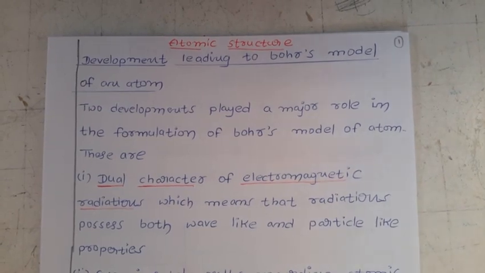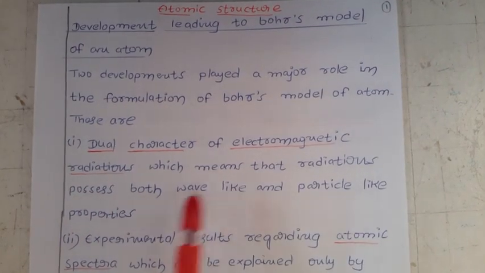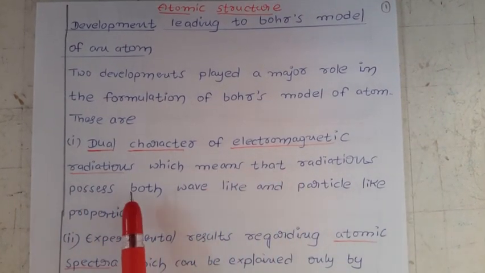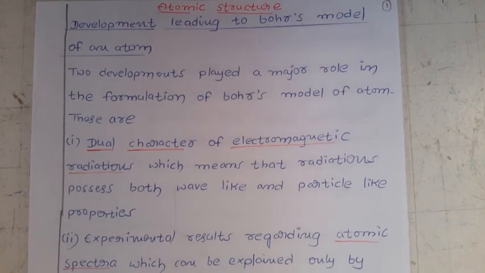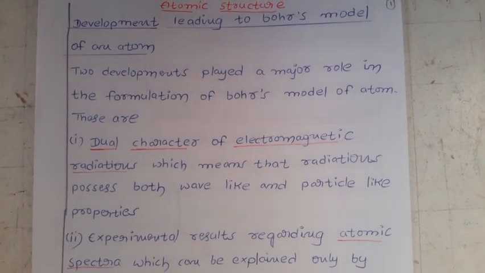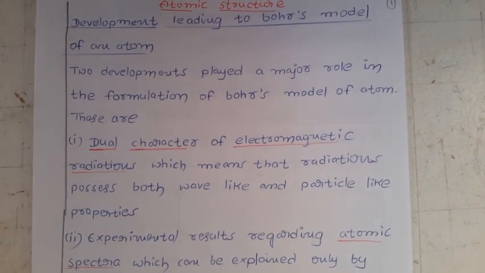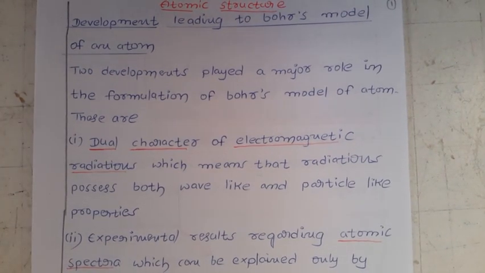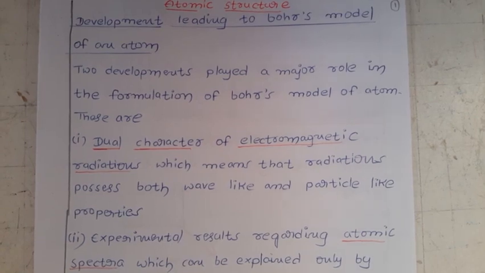First, dual character of electromagnetic radiations, which means that radiations possess both wave-like and particle-like properties. During the development of the Bohr model, electromagnetic radiations were already known, and it came to be understood that they have dual character. Dual character means having wave and particle nature.